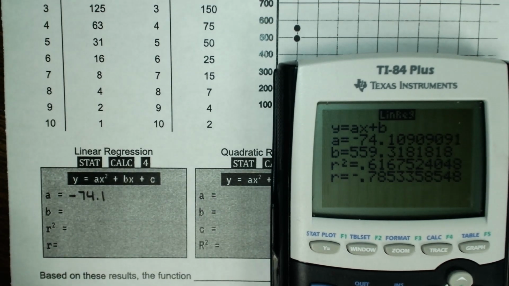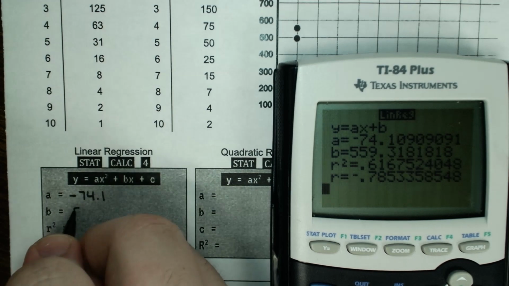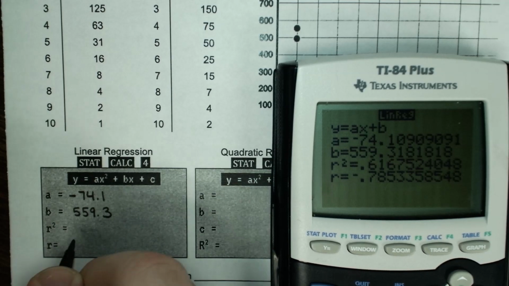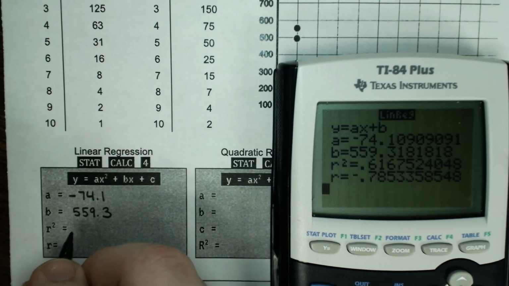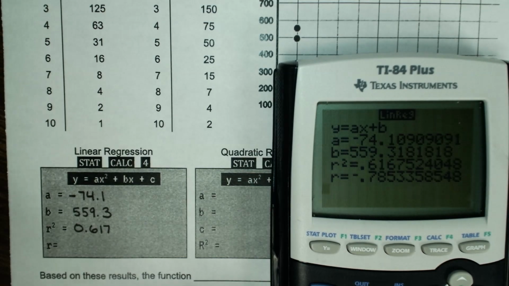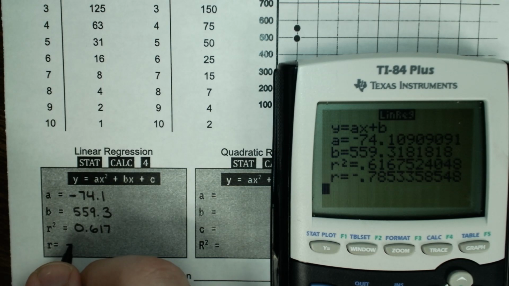B is 559.3. R squared is 0.617. Remember, for R and R squared, we're going to round to the nearest 3 digits. And then R is negative 0.785.